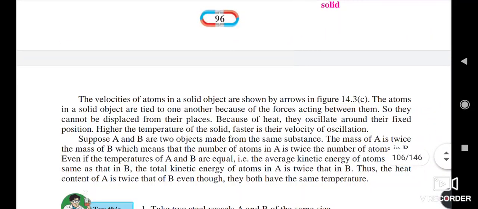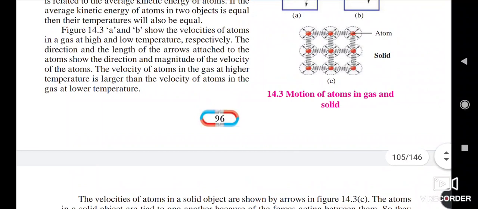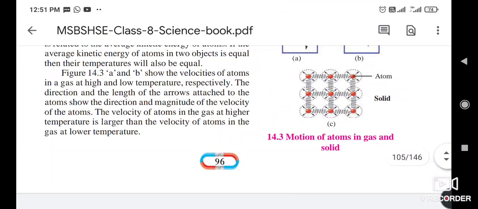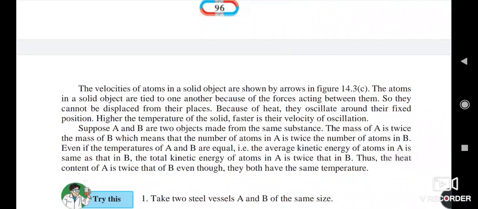Okay, now the velocities of atoms in solid objects, which are shown in figure number 14.3. The atoms in a solid object are tied to one another because of the forces acting between them, so they cannot be displaced from their places.